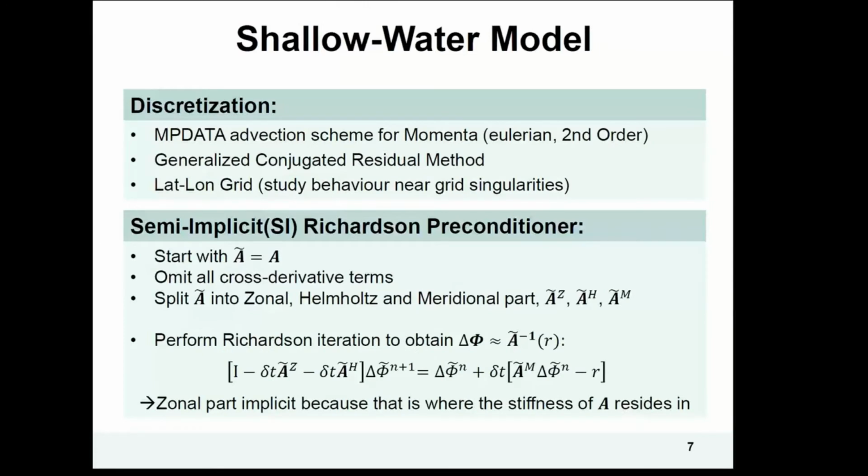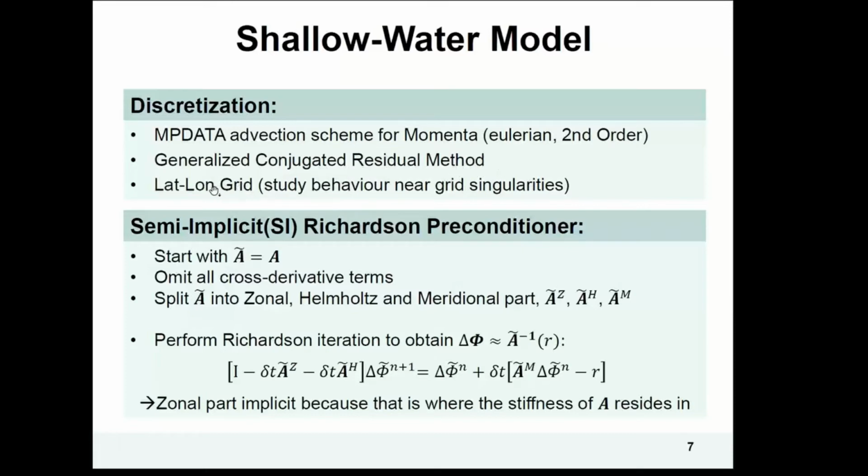And our test bed is a shallow water model. The discretization is based on the MPDATA advection scheme for momenta, which is Eulerian, here Eulerian and second order corrected. As a linear solver, we use a generalized conjugate residual method of order 3.